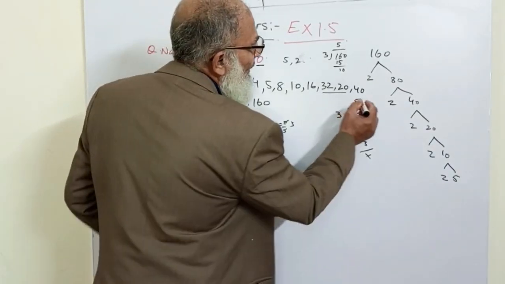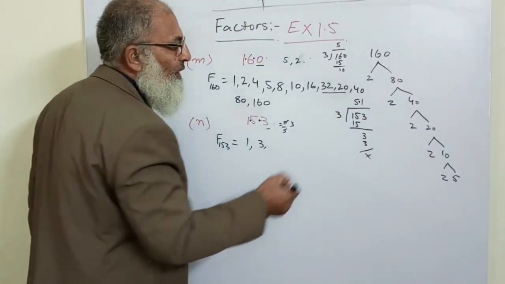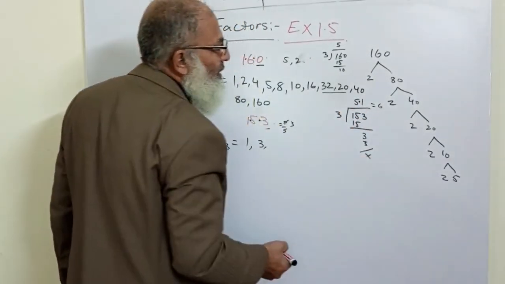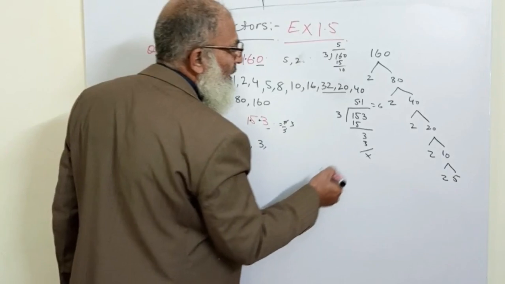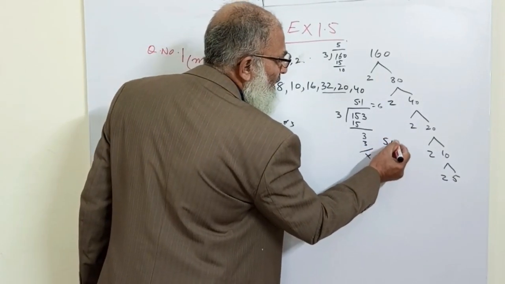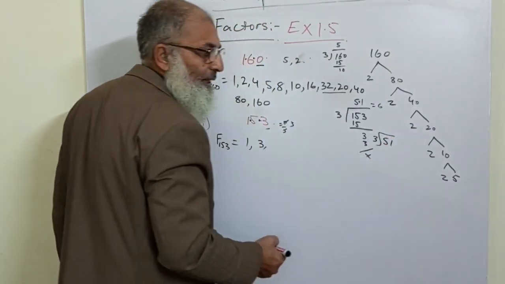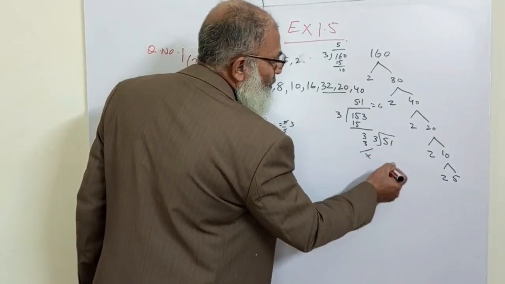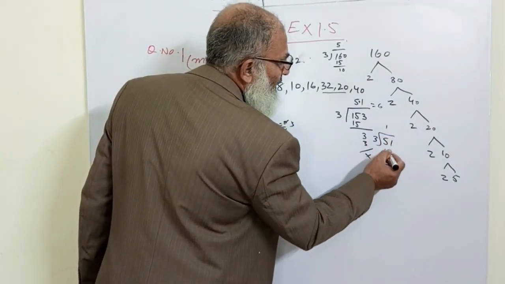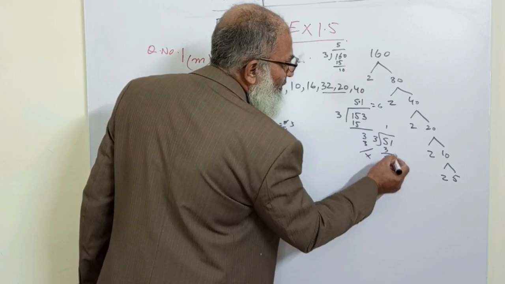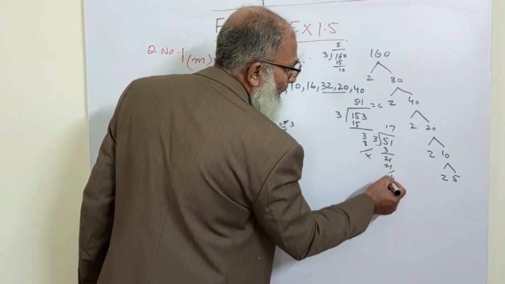So if I add the digits of 51, it becomes 6. So 6 is also divisible by 3. Therefore 51 must be divisible by 3 again. So 3 times 17 is 51.